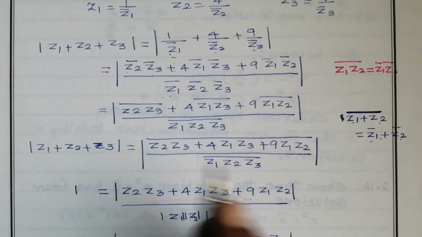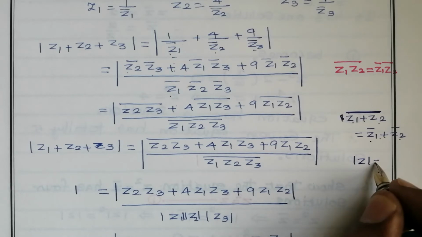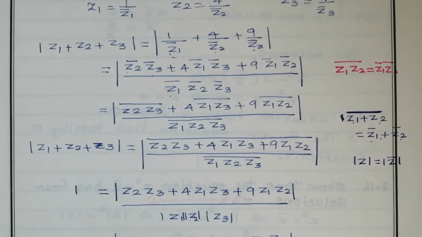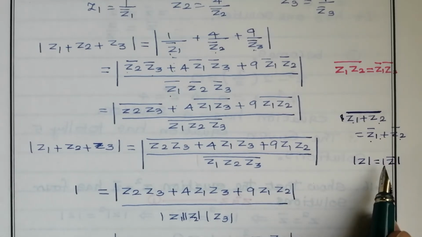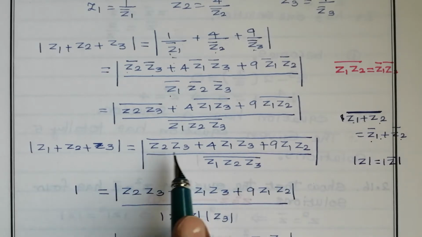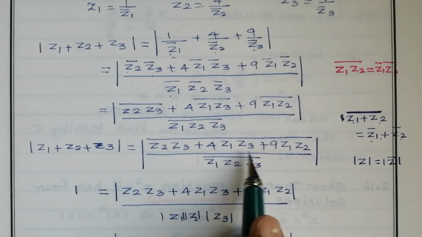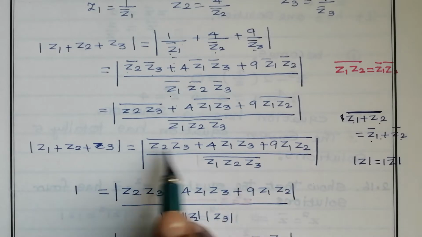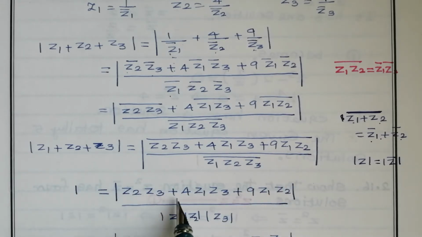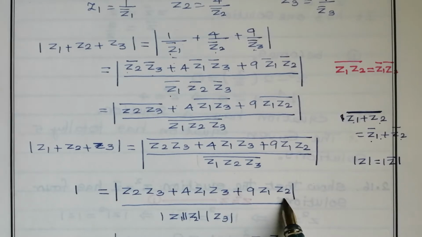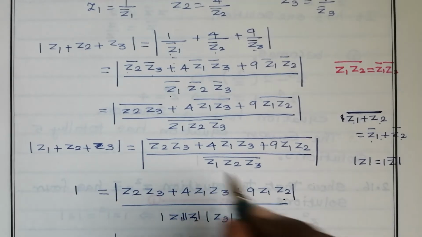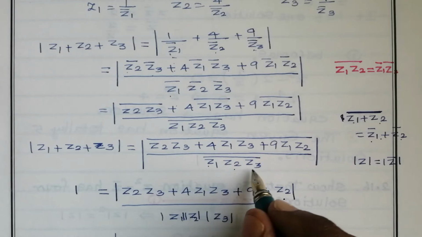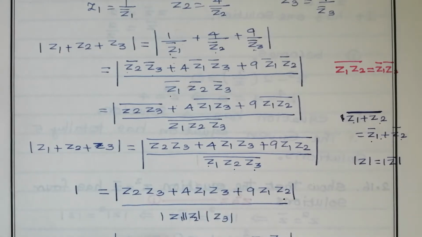Also modulus of Z equals modulus of Z bar. So the whole bar of Z2 Z3 plus 4 Z1 Z3 plus 9 Z1 Z2 is nothing but modulus of Z2 Z3 plus 4 Z1 Z3 plus 9 Z1 Z2, divided by modulus of Z1 into modulus of Z2 into modulus of Z3.